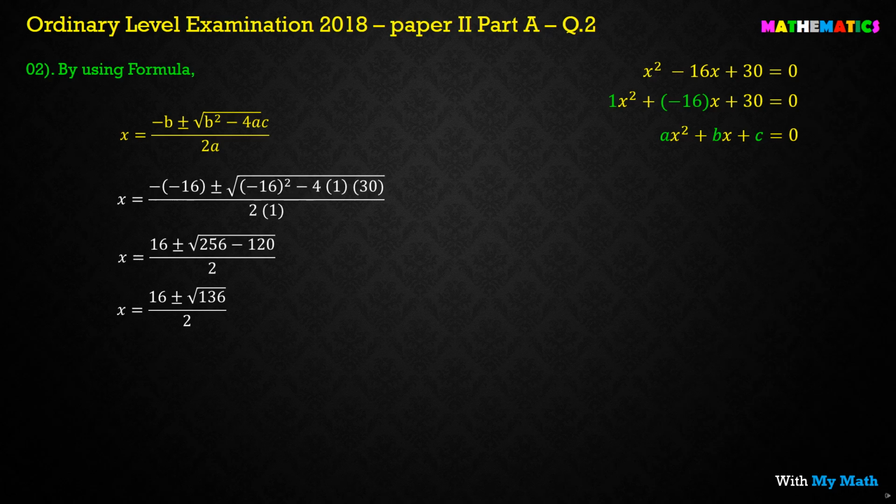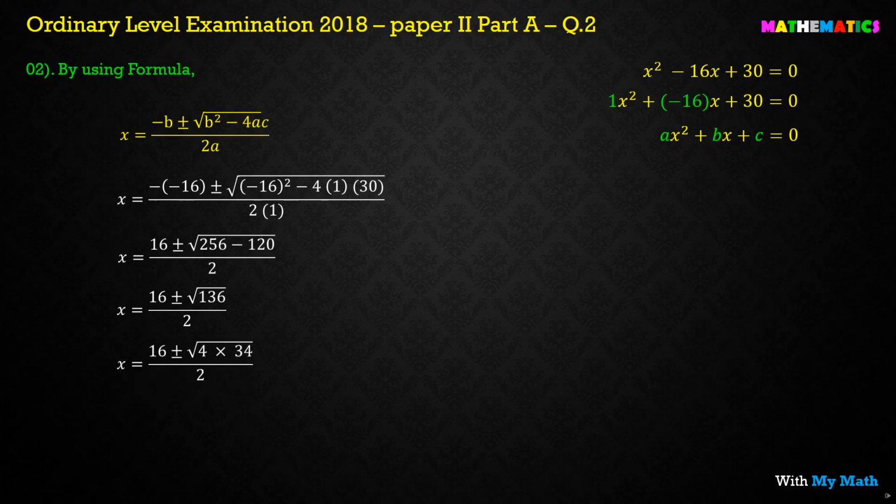Square root of 34 equals 5.83. That means if we can provide 34 instead of 136 within this square root, we can take that value for the substitution here in order to calculate the final answer.